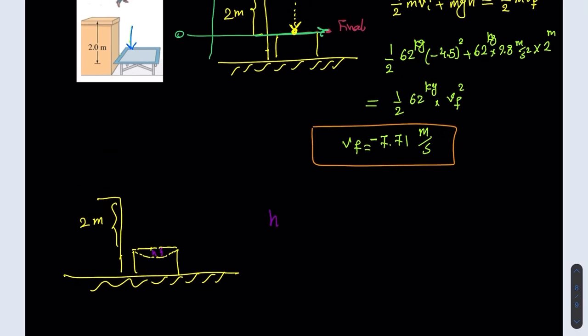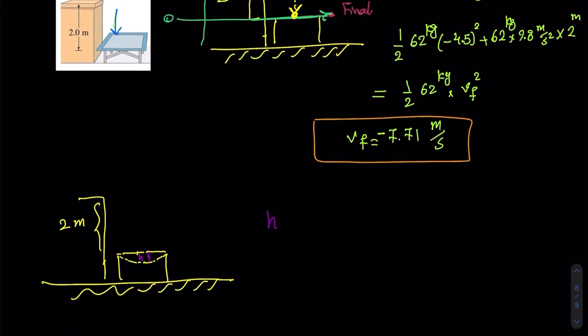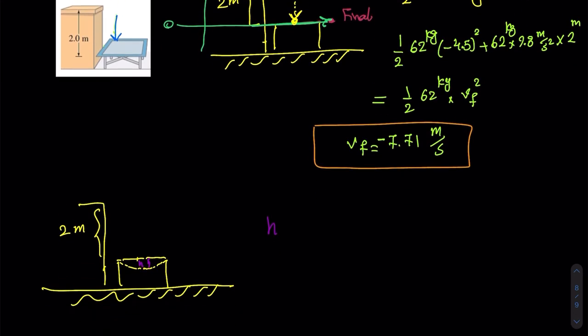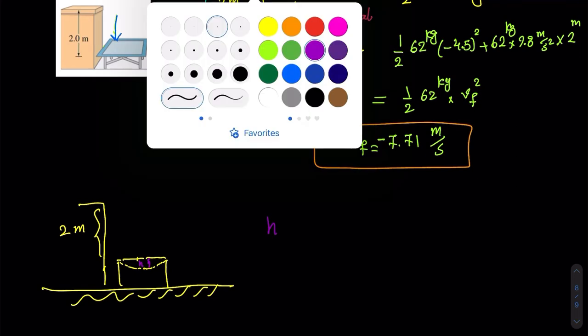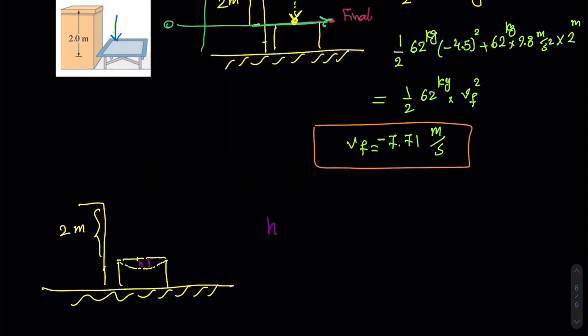So h is the displacement that this spring makes. And now again we will use the same law of conservation of energy, and we will follow the same thing. But here there is a problem, and the problem is where to set our frame of reference.